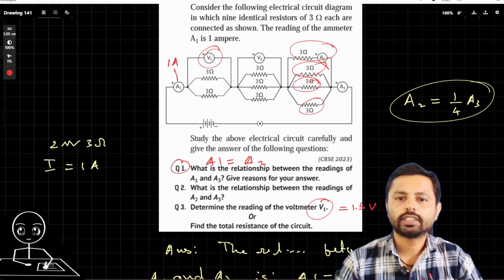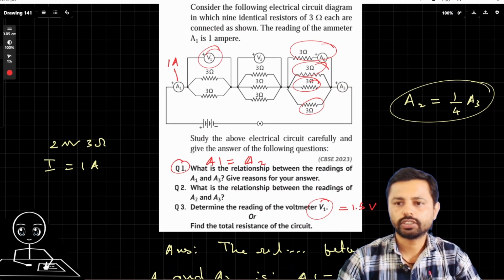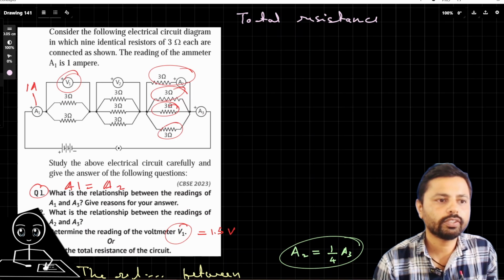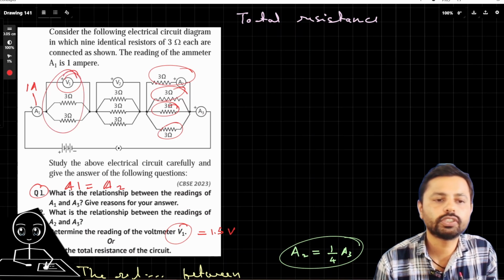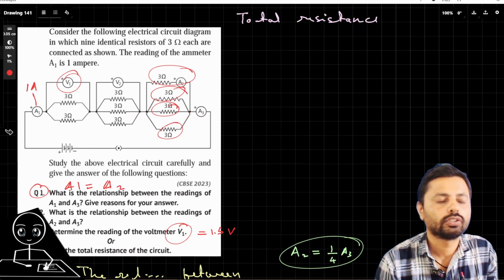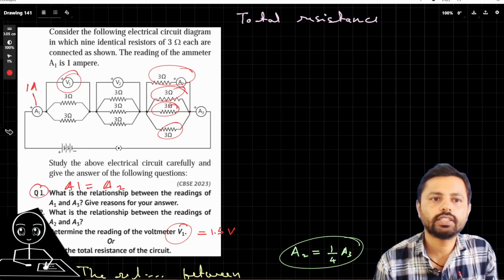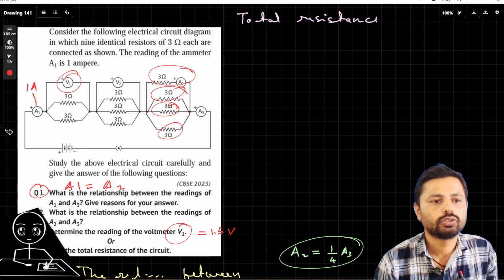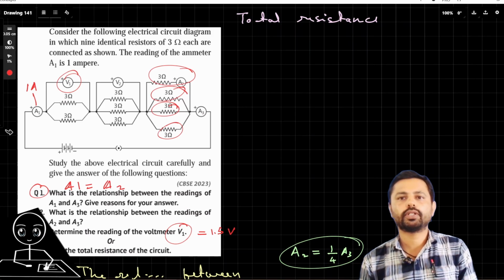Now here they are asking to find the total resistance of the circuit. For that we need to find the total resistance of this one, which we found already, 1.5, then again this one and then again this one. These are also in parallel. So, we will call them RP1, RP2, RP3.